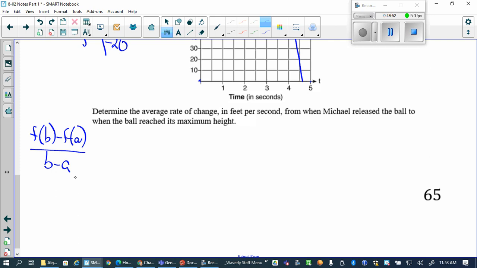From when he released the ball. What was the time when he released the ball? T equals 0.